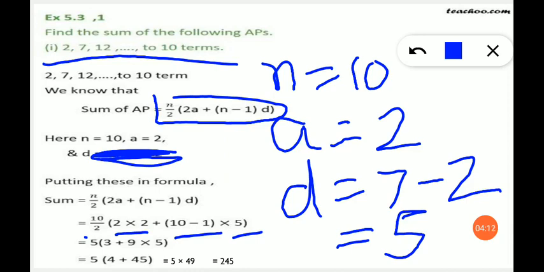After solving, we will get the answer as 245. Got it, students? Everything is given, we just have to substitute the values in the formula and then find it out. Okay, understood?